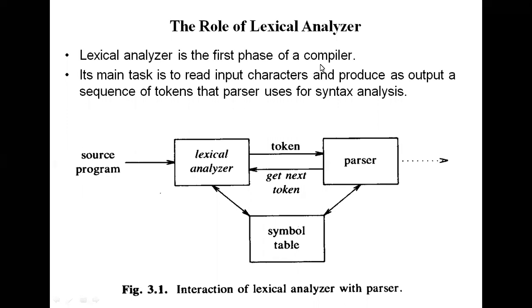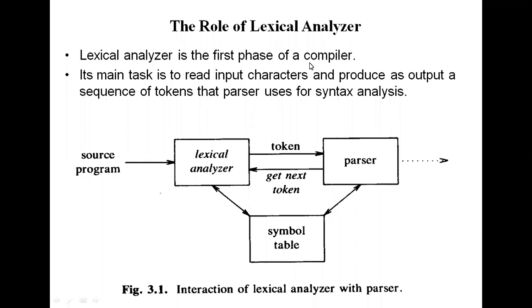What it means is, for example, if there is any blank space between one character and the next, those blank spaces are eliminated by the lexical analyzer. So it eliminates blanks and comments. And it generates a symbol table, as you can see in the structure, which represents the symbol table connecting the two phases.